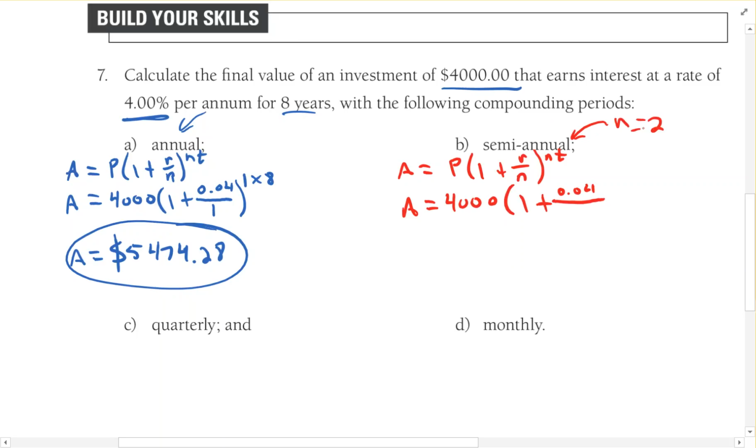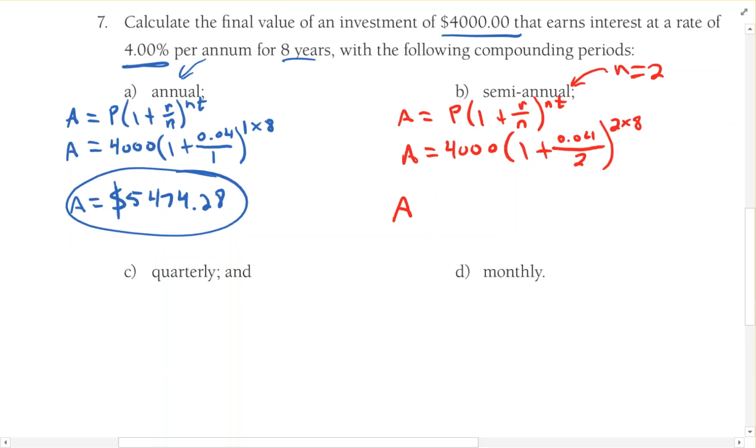That means N is going to be equal to 2, so twice a year is what that's saying. So N's 2, and then 2 for N up top again, and my time is still 8, so 2 times 8. I'm going to let you guys figure out 7B, C, and D. I'll get you guys to go ahead and answer those now.